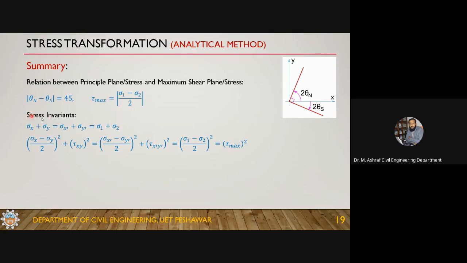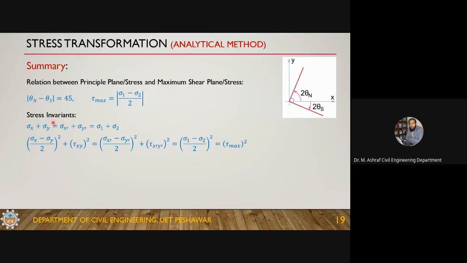And then we talked about stress invariants. There are certain quantities which always remain constant, irrespective of the orientation. If you go from one orientation to the other orientation, there are certain quantities which remain invariant, which remain constant.